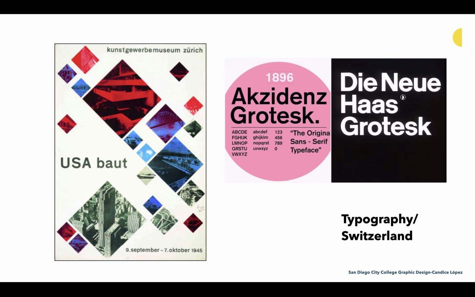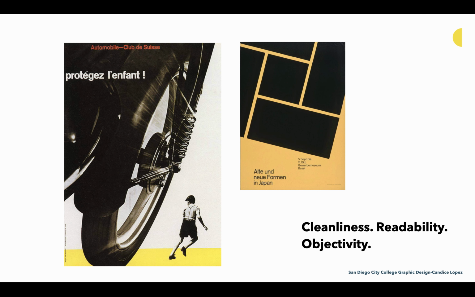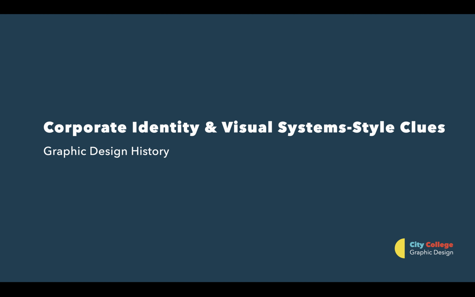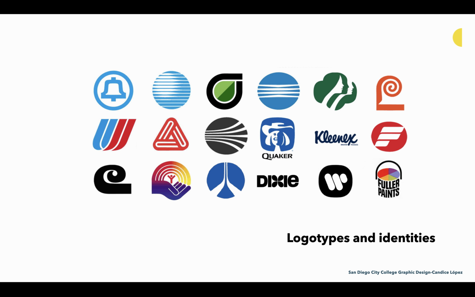The typography may include references to Switzerland. So it's often in German, as these pieces are. There's cleanliness, there's readability, there's objectivity. For corporate identity and visual systems, we're looking for logotypes and identities that are corporate.